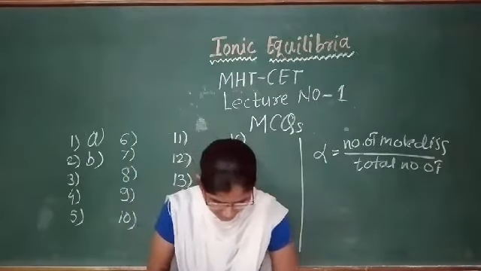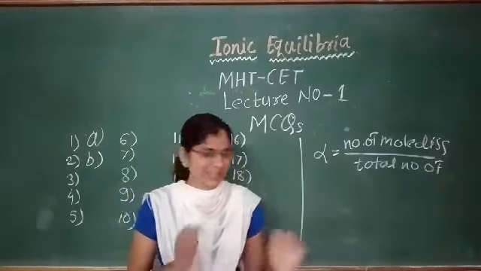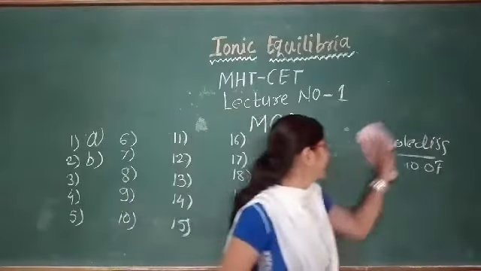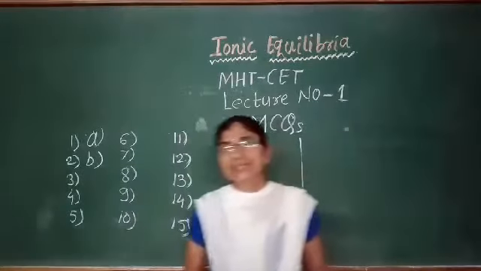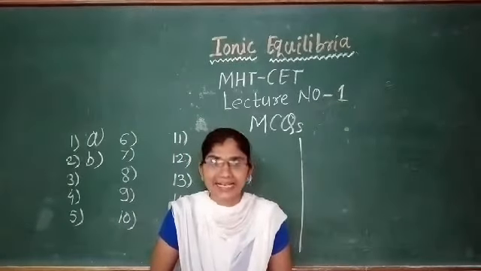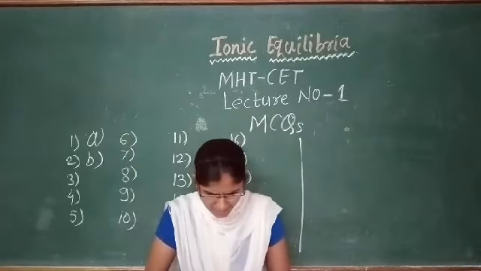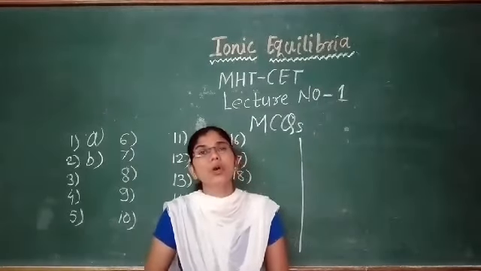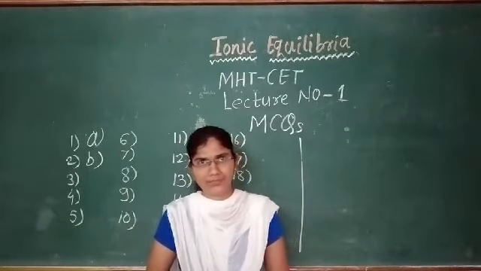Next, the third question. According to the Arrhenius theory, a base is a substance. According to the Arrhenius theory, an acid is a substance which gives rise to H plus ions in an aqueous solution, and a base is a substance which gives rise to OH minus ions in an aqueous solution.